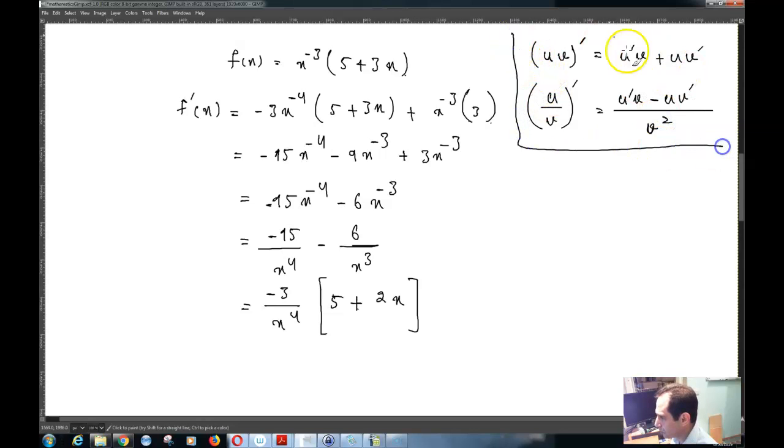Basically you need to learn these two rules, and then there are a few more things that you need to learn in the process, and then that's basically differentiation.